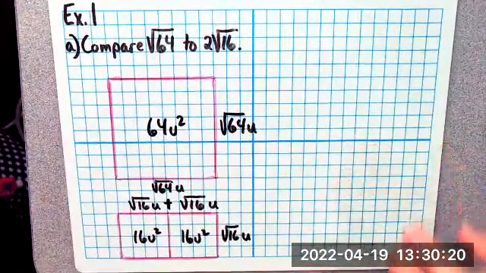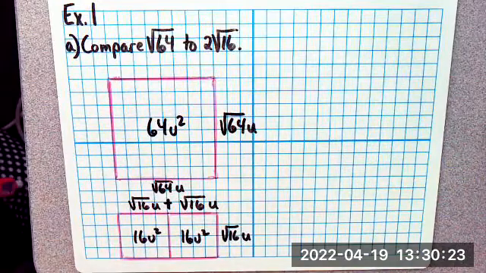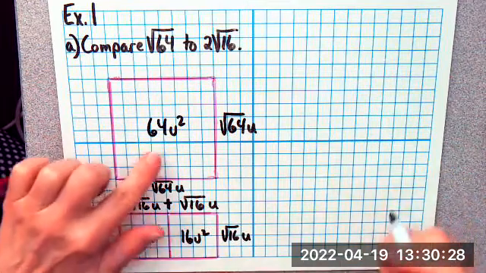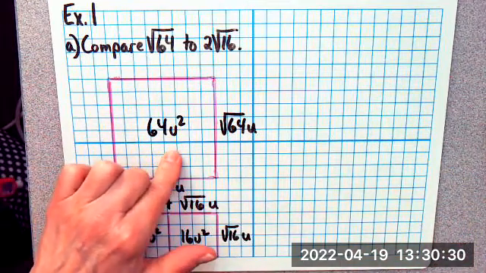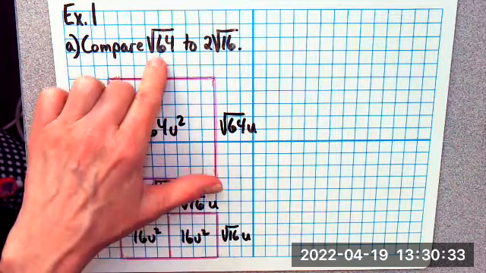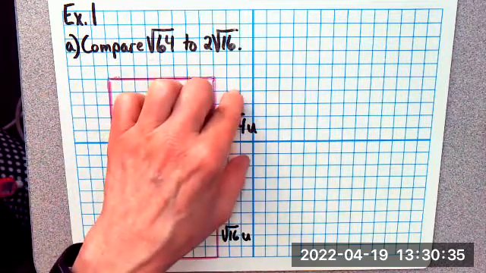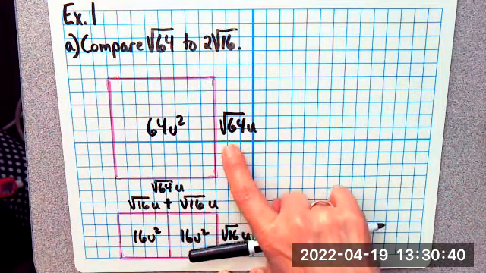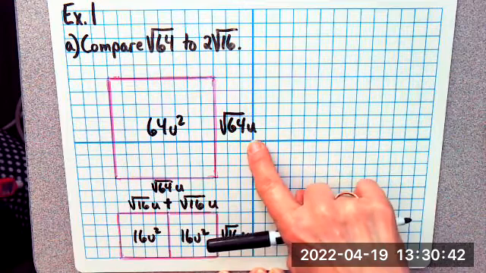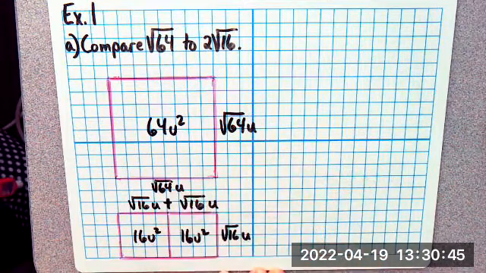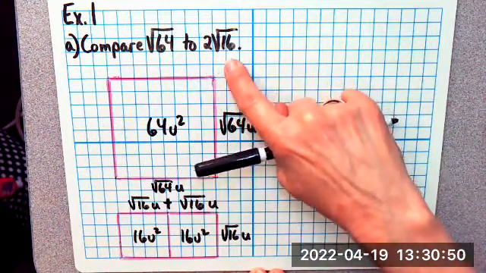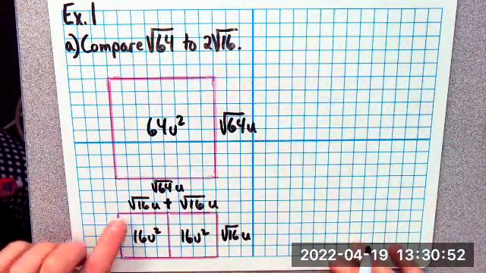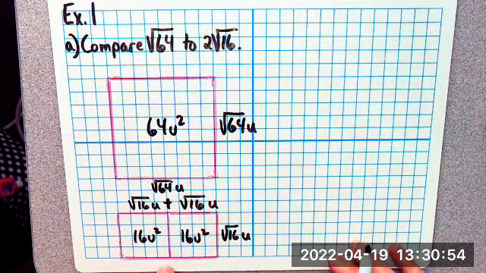So let's take a look visually at what this is. If we have 64 units squared, and we want to find the square root of 64, we'd have the square root of 64 units here and the square root of 64 units here. Now, if we want to compare it to 2 of the square roots of 16, we know that 16 has a 4 by 4.